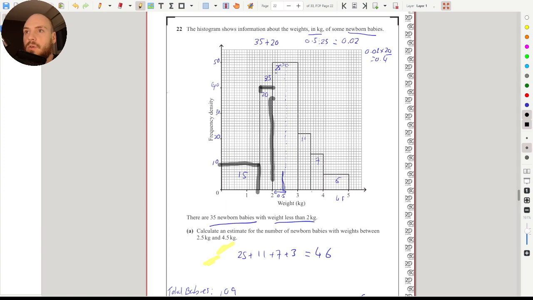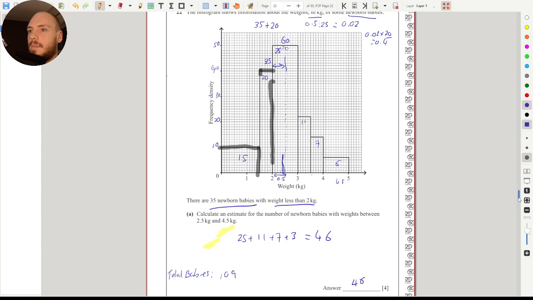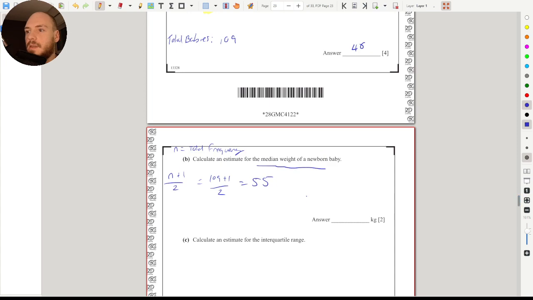So we know the middle value here would be 35 plus 25, which would be 60. So we know we're somewhere in between here and here. I hope that makes a wee bit of sense. If you have any questions, just write in the chat. So I know my value is going to be 2.4.